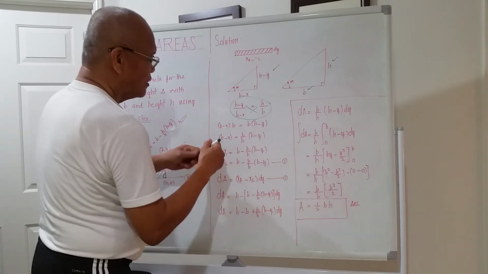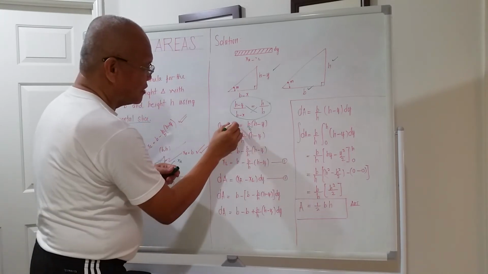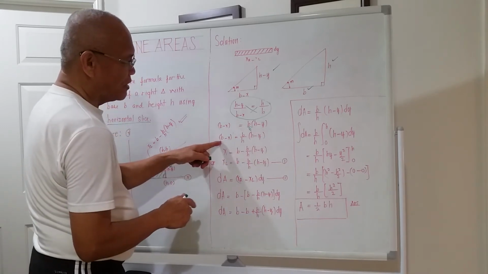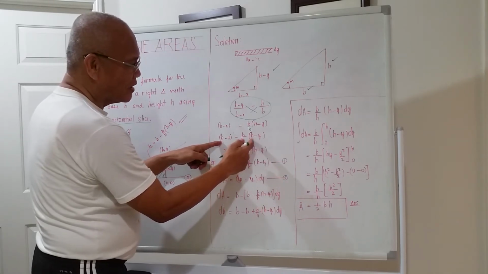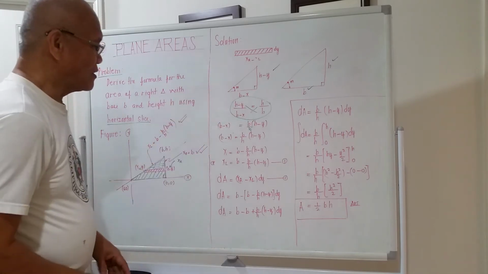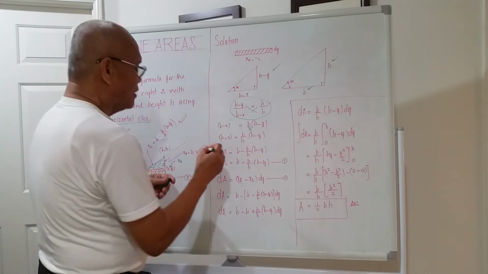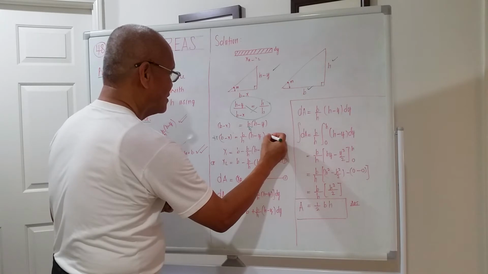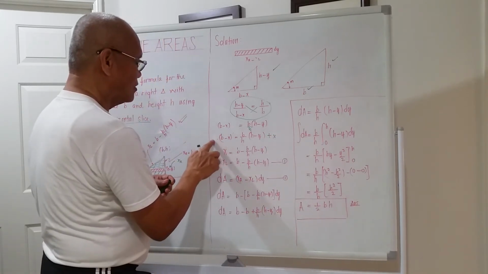Then dividing both sides by h, this h here cancels, or this will disappear. So b minus x will be b over h times the quantity h minus y. We try to solve for x. We are interested in the value of x. So if we add both sides of the equation by plus x, this is plus x. Okay? This will cancel out.